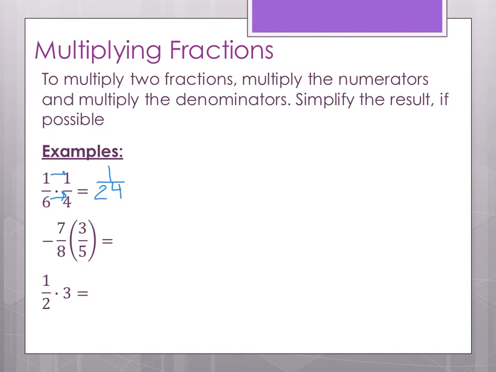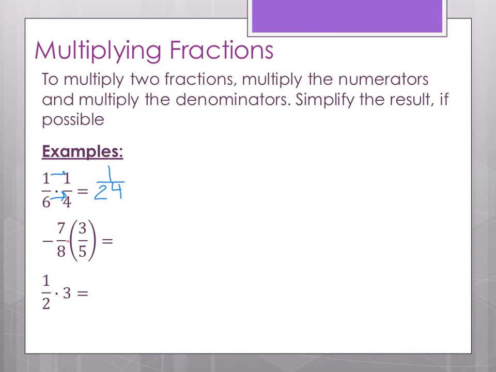Our second example is -7/8 times 3/5. Remember, when we have a set of numbers in parentheses and another number outside with no operation, we can imply that to be multiplication. So we can think that there's a little times sign between these two numbers. Okay, now remember your sign rules from DMA 10. This is a negative times a positive.